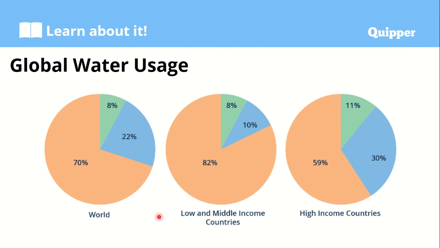So if we compare the low and middle income countries and the high income countries, the high income countries class, they use 59% of the water for its industrial use. So bali gamay lang ang ginagamit na tubig for the industrial. And that's because these high-income countries have very high-end technology which lessens the use of water.